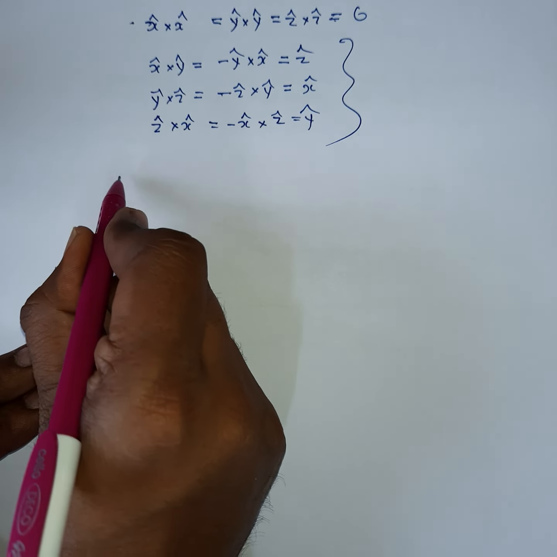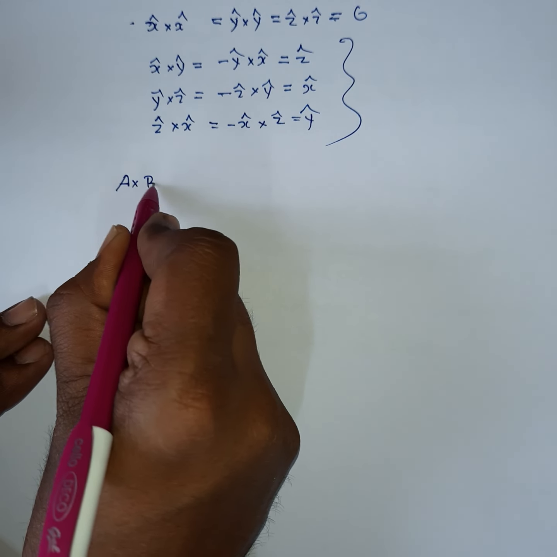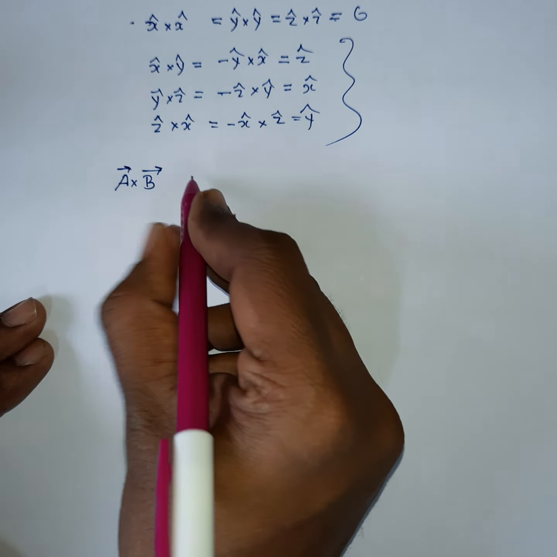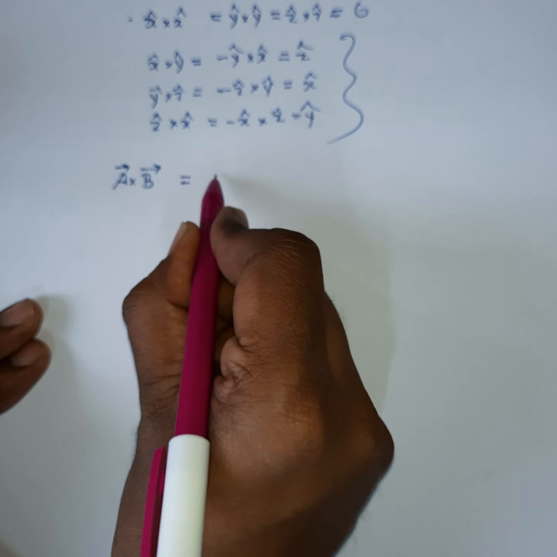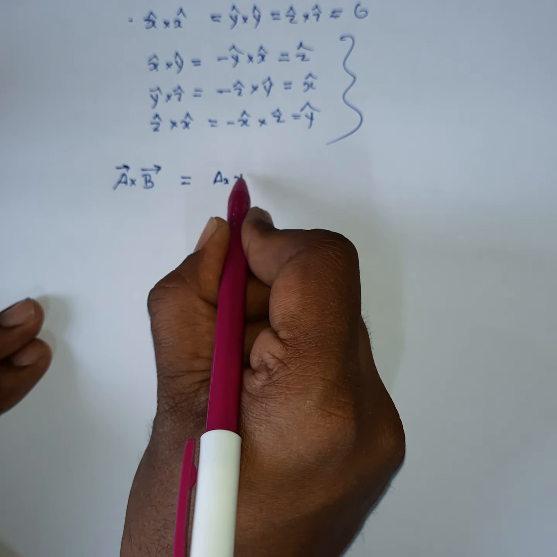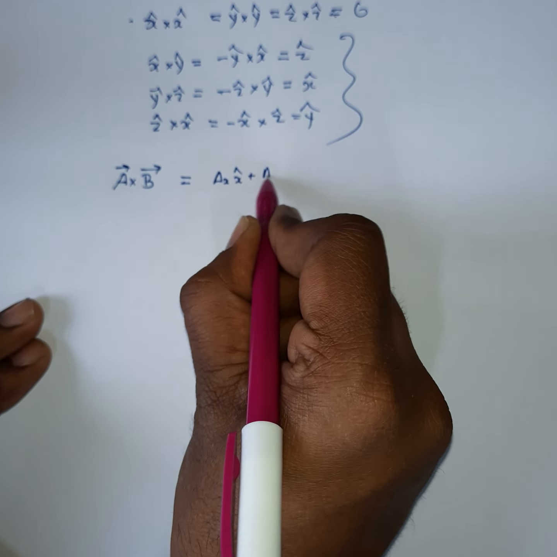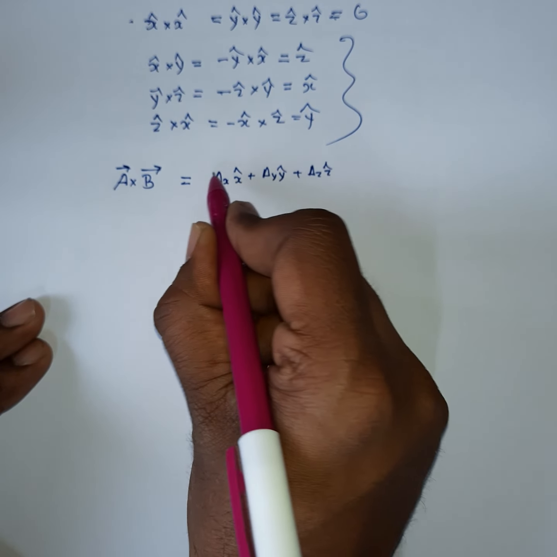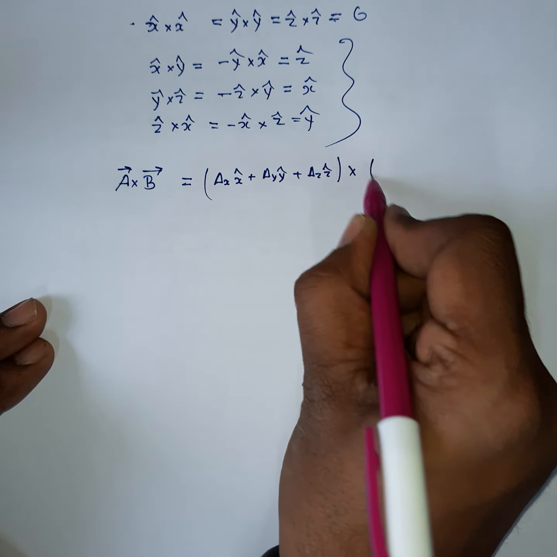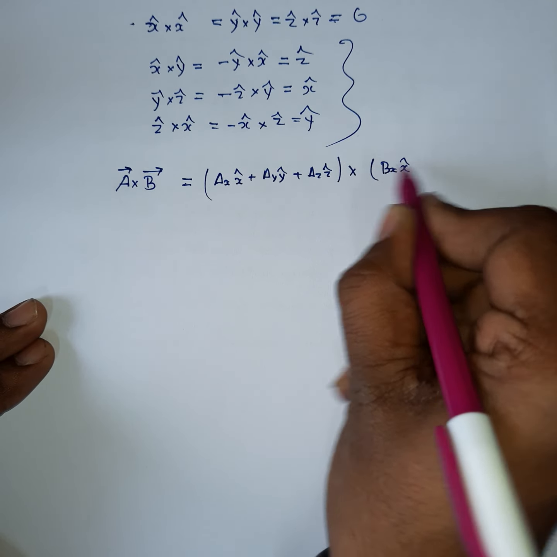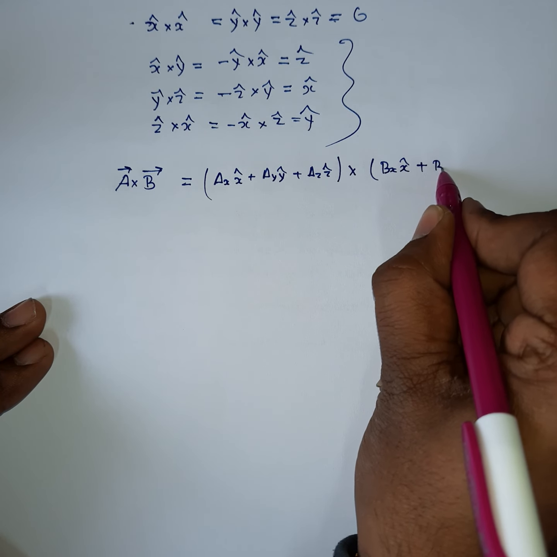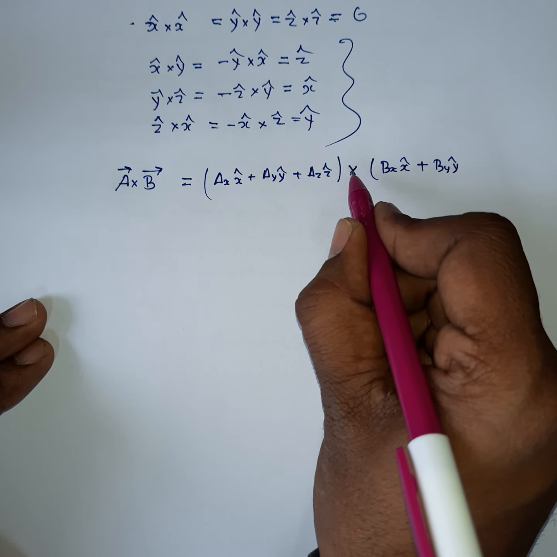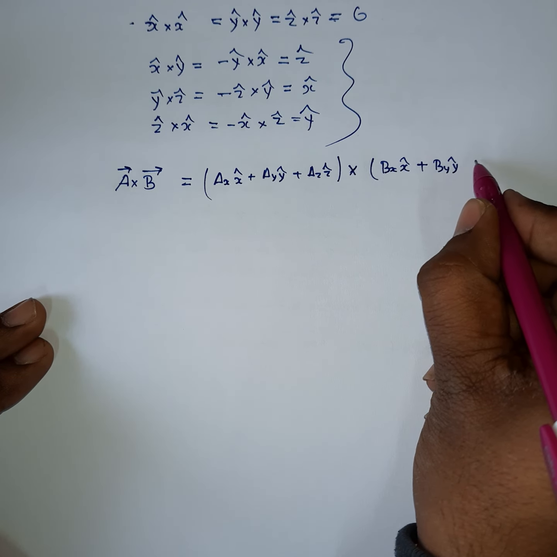So in general, how is the cross product defined? Okay, a vector cross b vector in component form. So in component form, you can write ax x cap, ay y cap, az z cap into bx x cap, by y cap, bz z cap, just writing the components, and at last we will take the cross product.